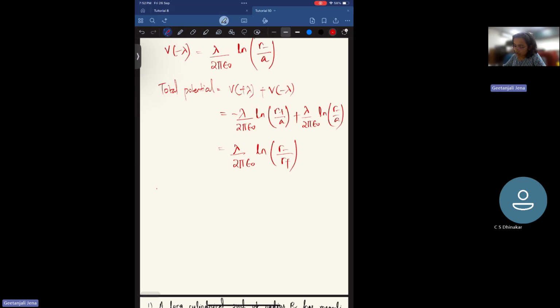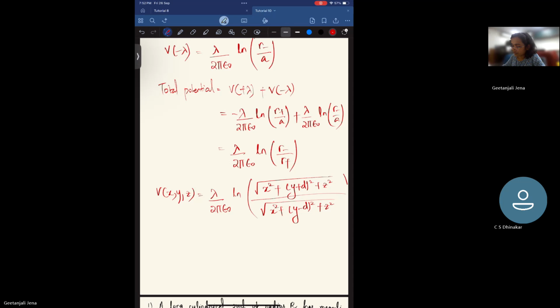That means you can write V of x, y, z as lambda by 2 pi epsilon naught ln of r minus by r plus. So r minus is the square root of x square plus y plus d square plus z square. And for plus, this is x square plus y minus d square plus z square.